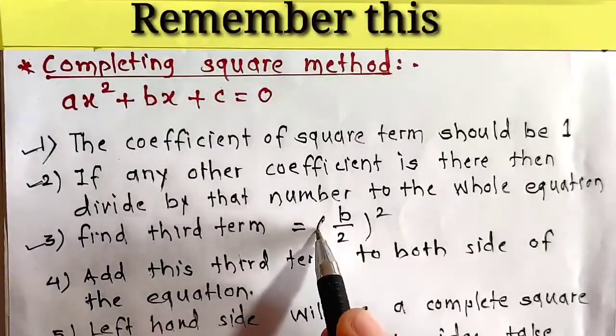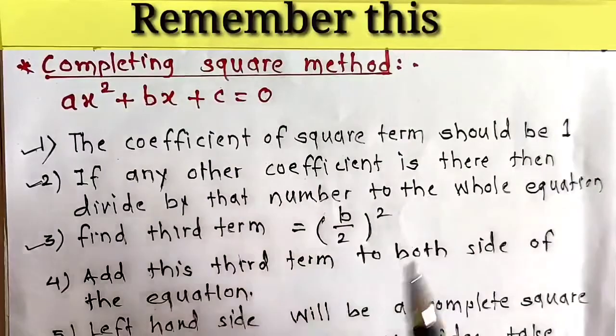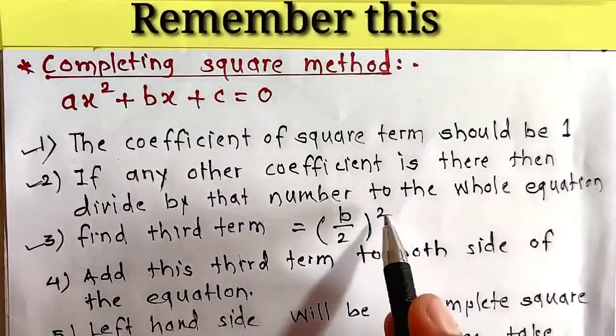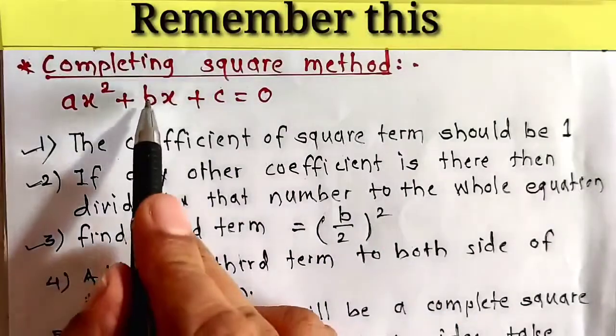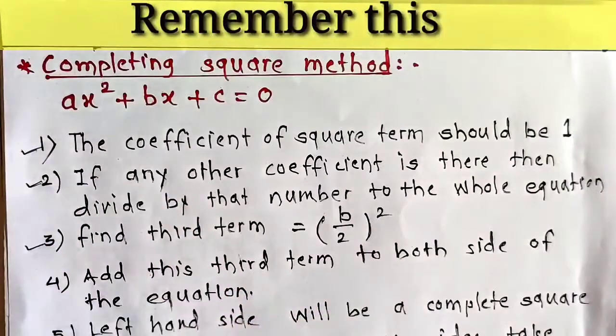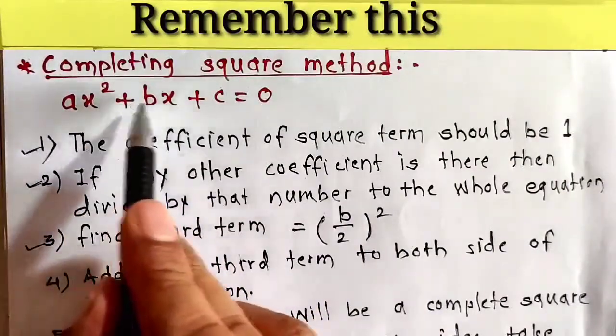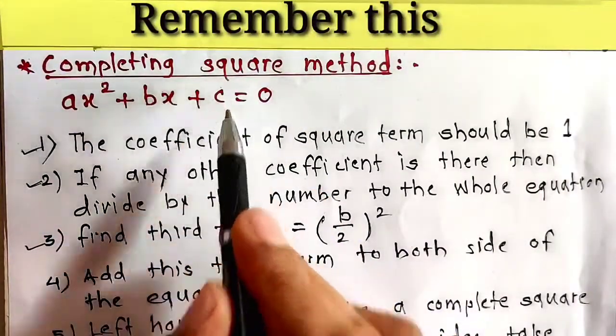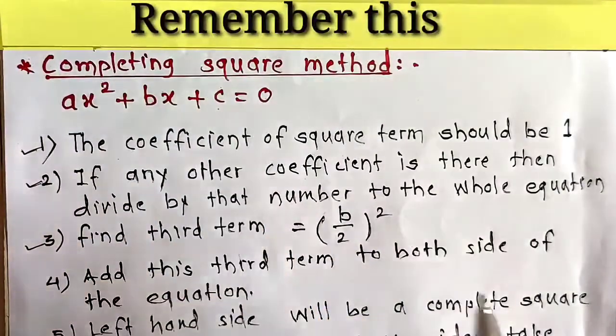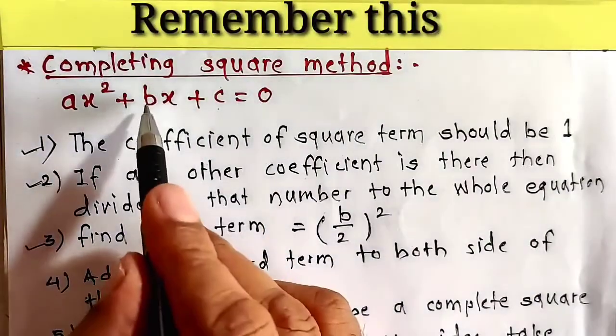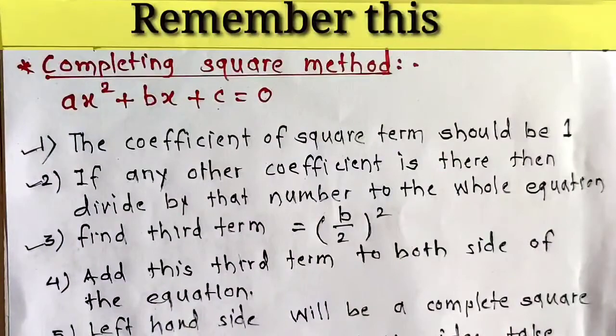There is a formula to find the third term: (b upon 2) whole square. Here b means the coefficient of the middle term. You know, if we compare with ax square plus bx plus c is equal to 0, c means the constant term. That constant term we have to write to the right hand side. This b means the coefficient of the middle term.